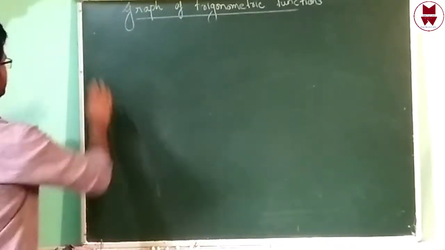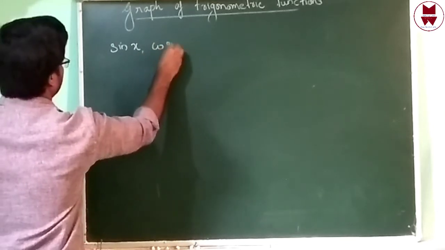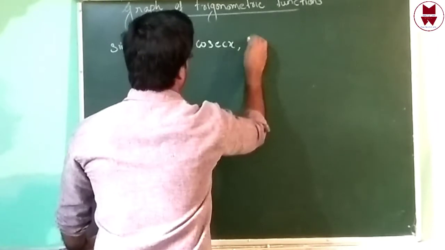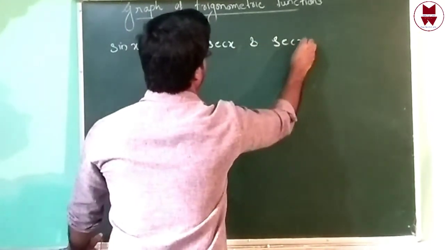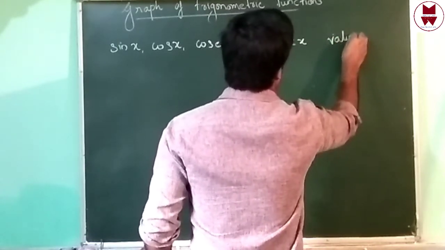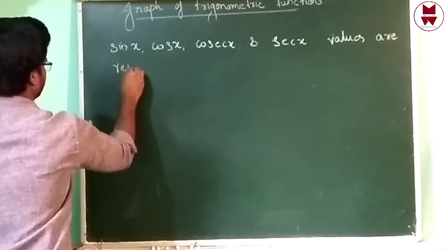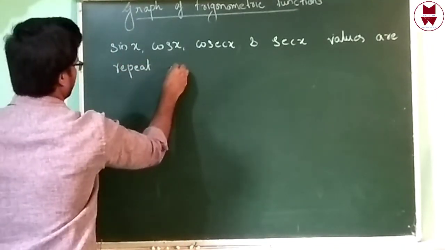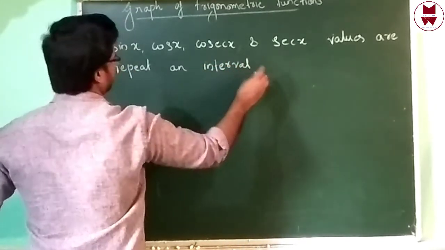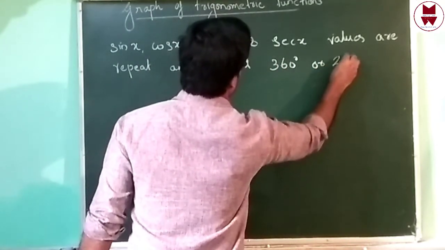Then we can write: sin x, cos x, cosec x and sec x values repeat after an interval of 360 degree or 2 pi.